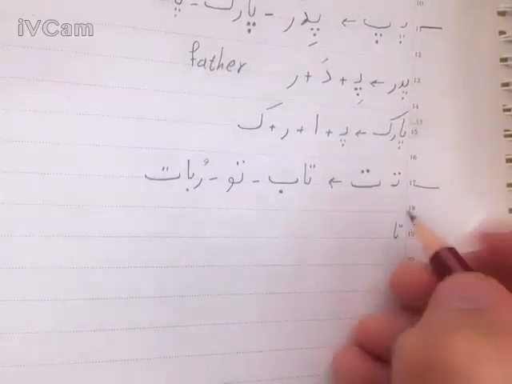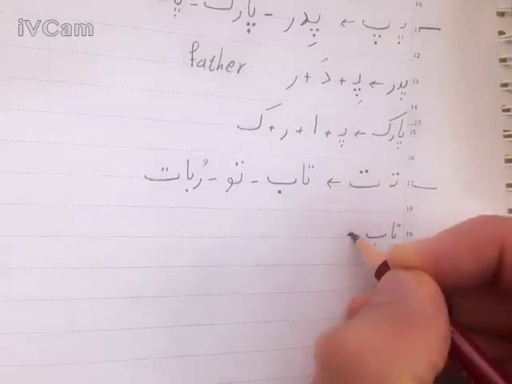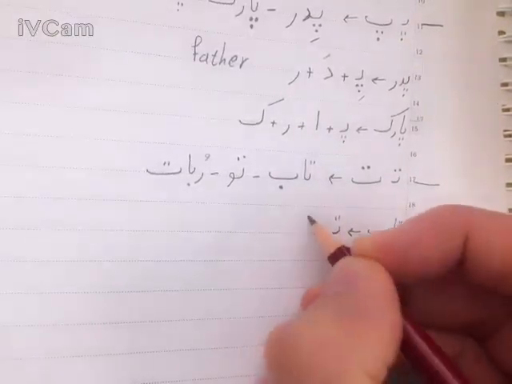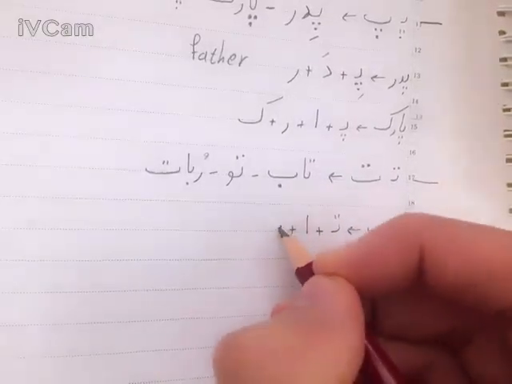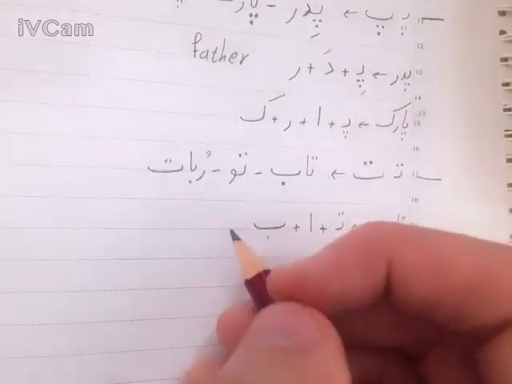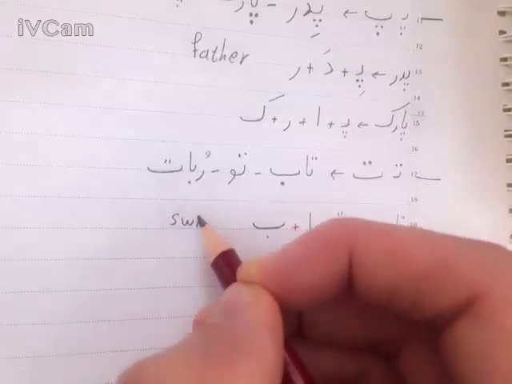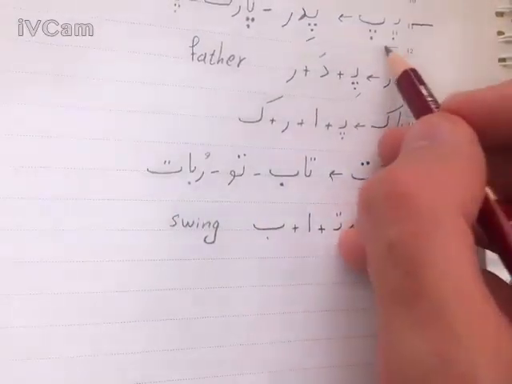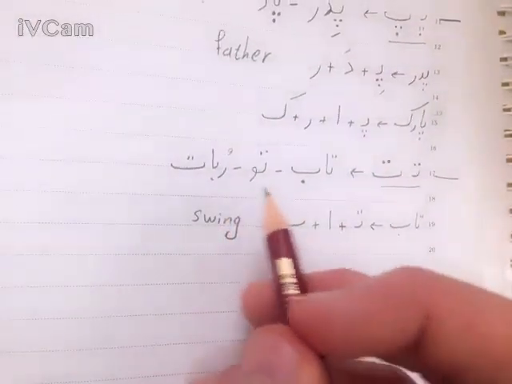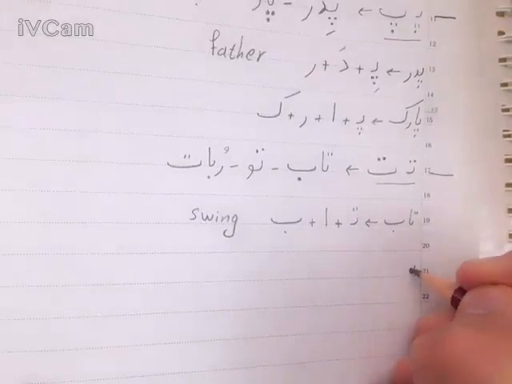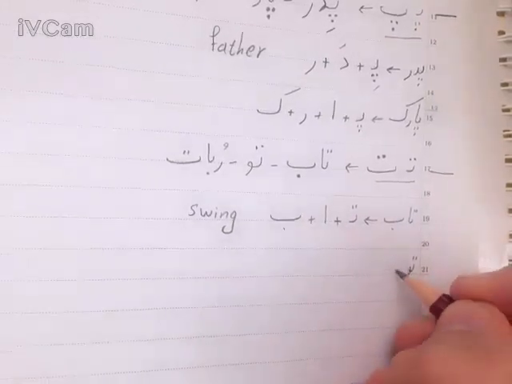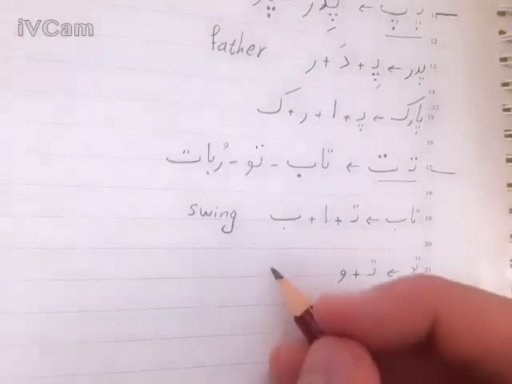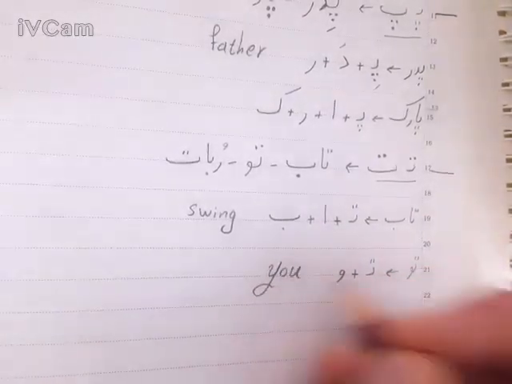Tub means swing. So now we have T plus A plus E, which would be swing. So to is T plus V, which would be you.